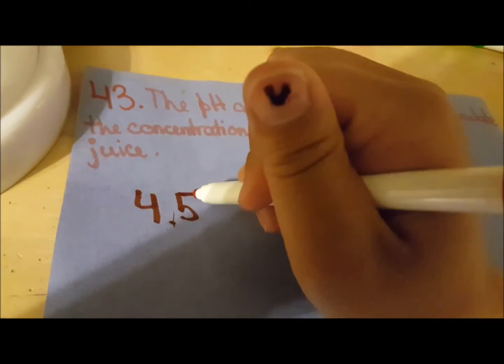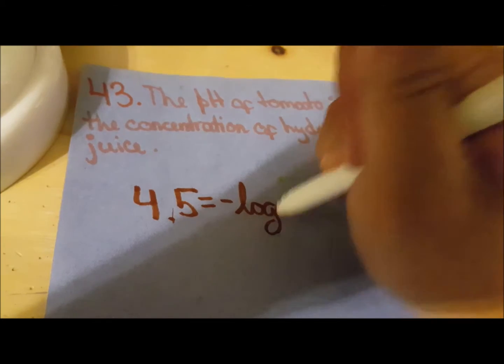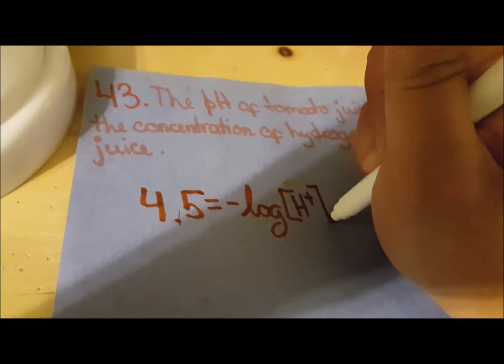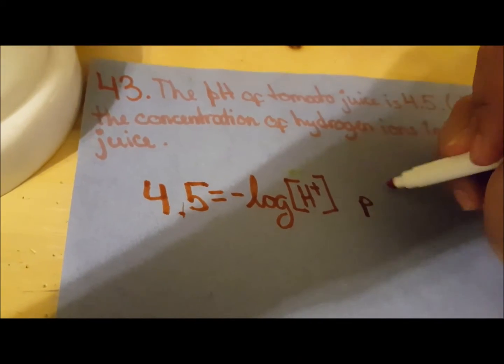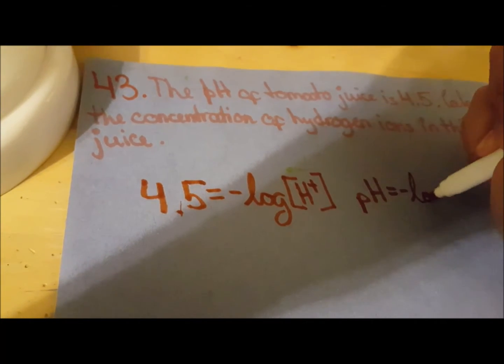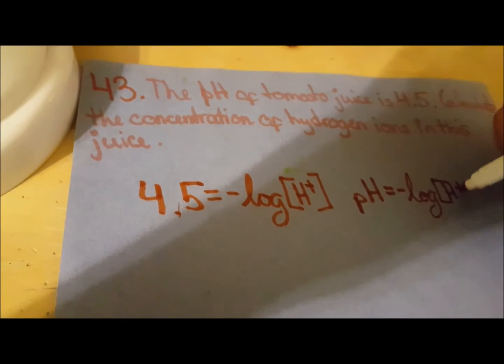So we know 4.5 is equal to negative log of H positive. We also know that the pH, this is where that equation comes from.